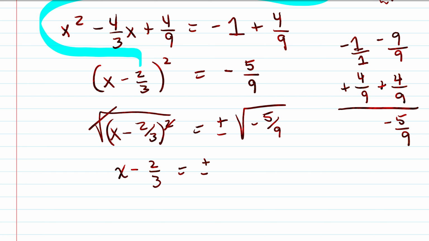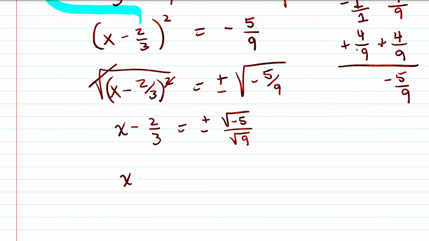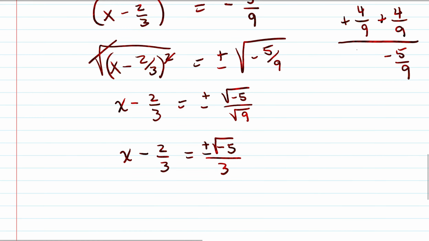I'll rewrite it like this first. The square root of -5 over the square root of 9. And I'll show this extra step here. I like to show steps. x minus 2/3 equals plus or minus square root of -5 over the square root of 9, which is just 3, right?